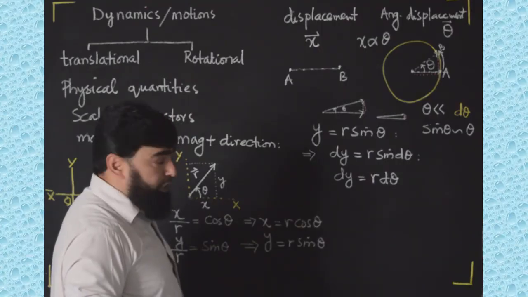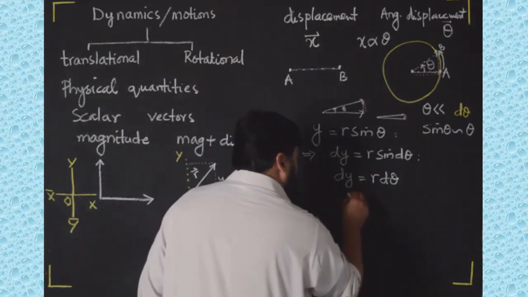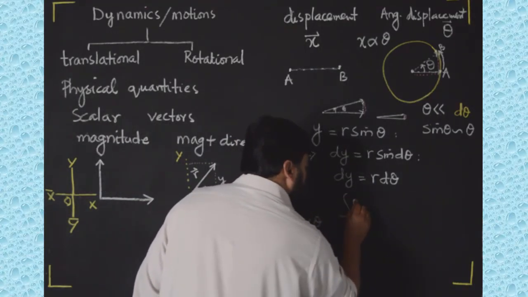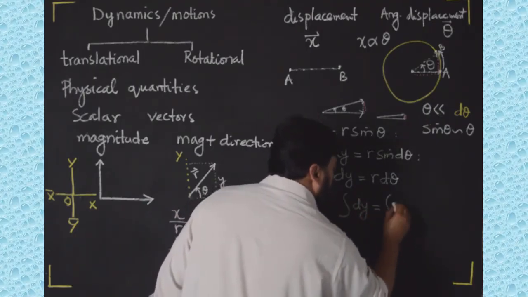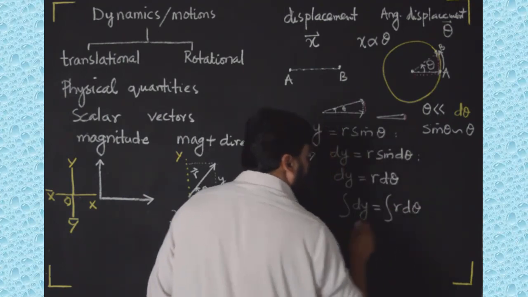And now I can integrate both sides. If I integrate this, this will be dy and this will be r d theta.